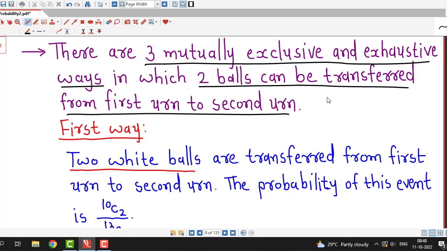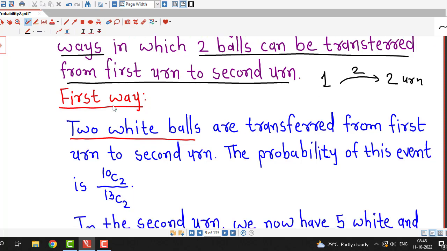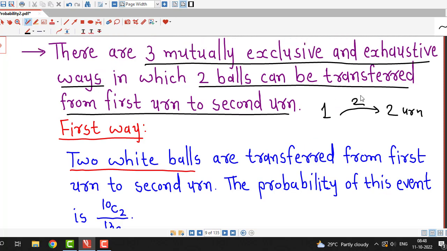We are selecting 2 balls from the first urn and transferring them into the second urn. Now out of those 2 selected balls, there are different ways: 2 selected balls are white, 2 selected balls are black, 2 selected balls are 1 white and 1 black, and all these 3 are mutually exclusive ways.